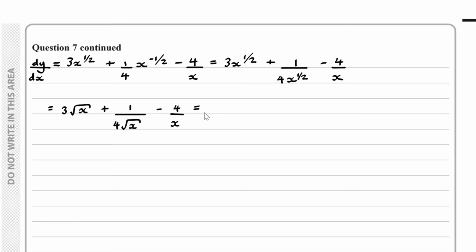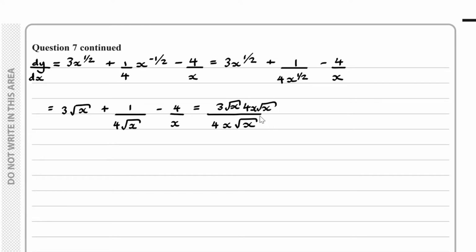So if we do that, for this term we want the denominator to be 4x times by the square root of x, and therefore on the top, well, we still need this 3, and we still need this root x, so what would cancel with the bottom will be 4x times by the square root of x.